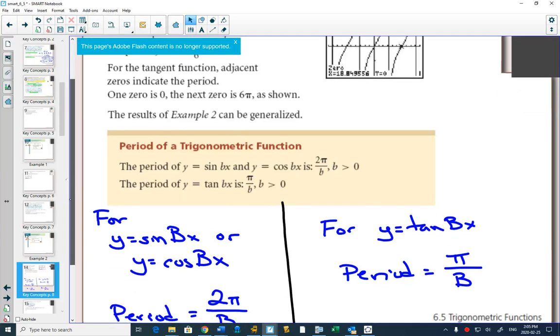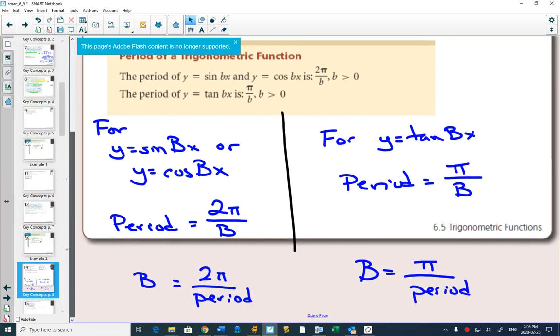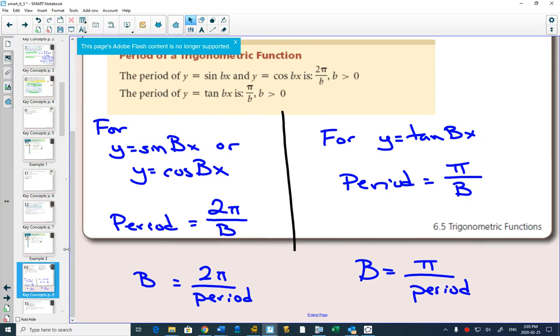And I've rewritten them underneath. They've got a formula for your period, which says your period is always 2 pi, because that's what you started with for sine and cos. Your period starts at 2 pi. And then whatever your b value is, because you have to multiply by the reciprocal, your period is just going to be 2 pi divided by your b value.